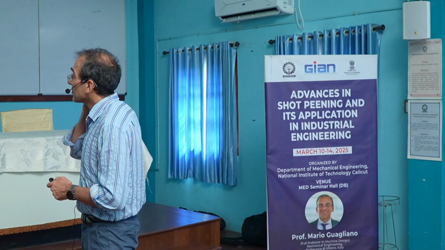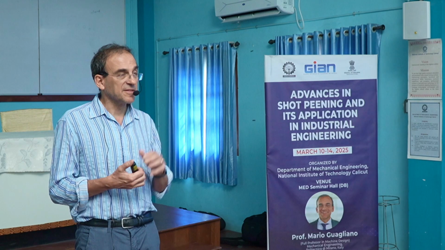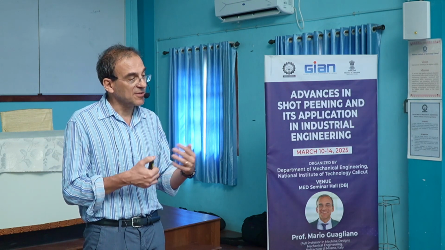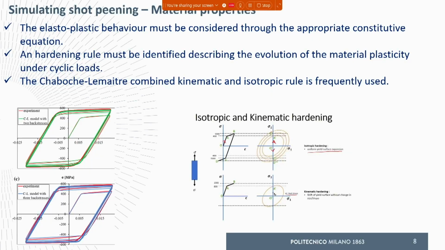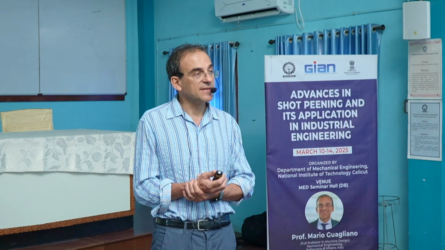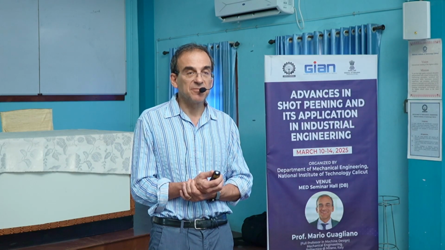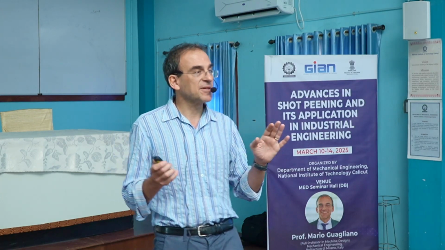And by means of some parameters, we are able to introduce them in the finite element analysis and to correctly follow the behavior of the material under repeated impact conditions. Okay? Is it clear? Any questions?